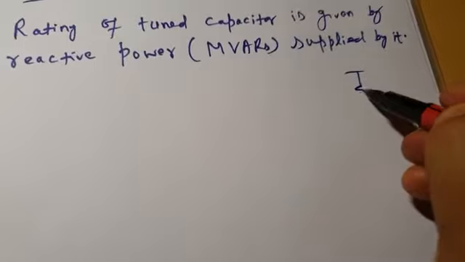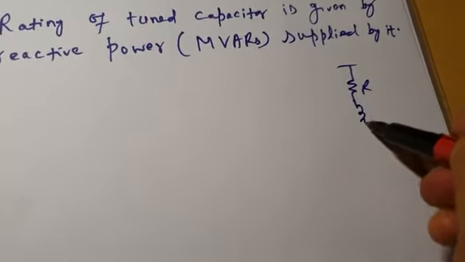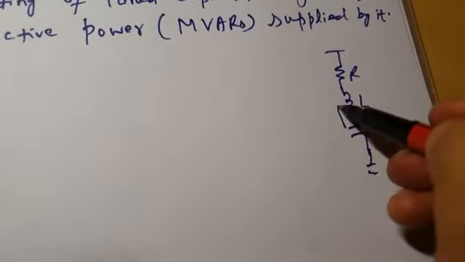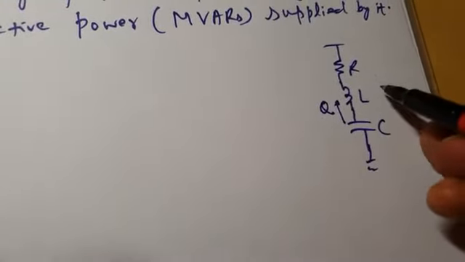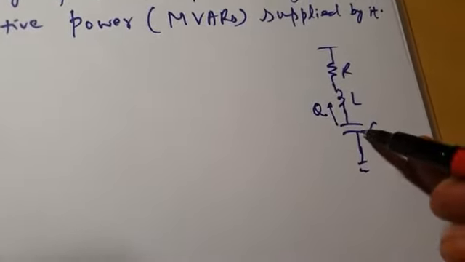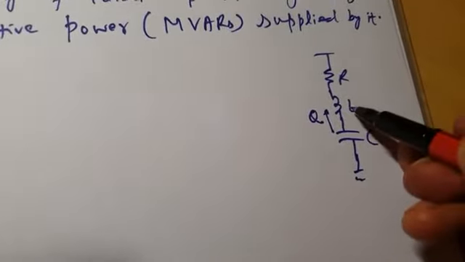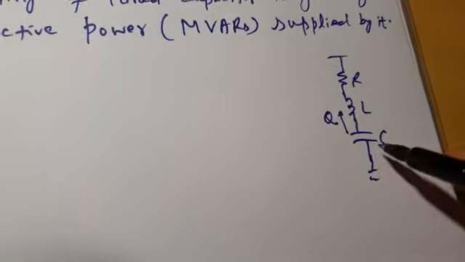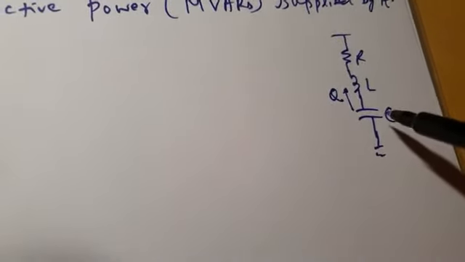If this is your filter, it comprises R, L and C. It is the capacitor which generates the reactive power. The inductor absorbs the reactive power. Out of this generated reactive power, some will be absorbed by the inductor, and the rest will be supplied into the AC system. So it is the capacitor which decides how much reactive power has to be supplied.